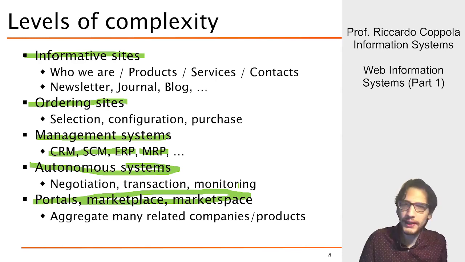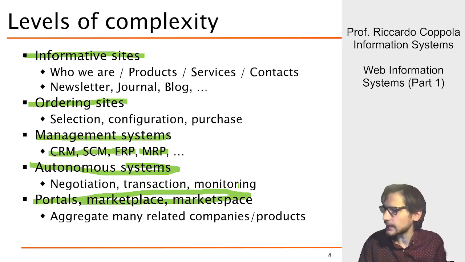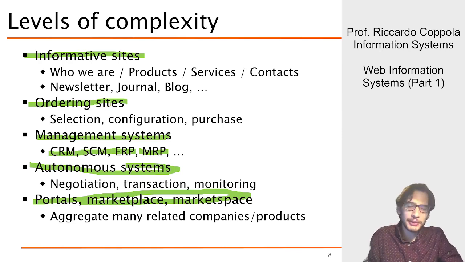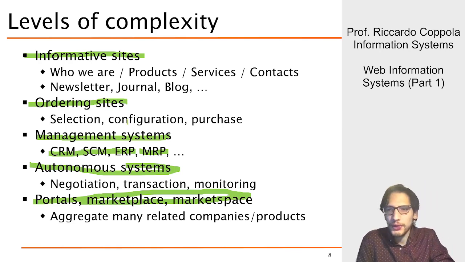Of course, there are many vendors of this kind of platforms like SAP, for instance, that provide portals that integrate all the management systems that we had at level 3. Or, for instance, you can think of commercial portals like Amazon or whatever, where you have tens of different functions all combined together in a single information system.